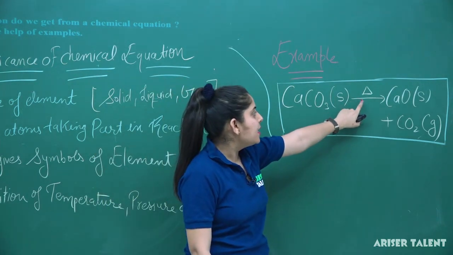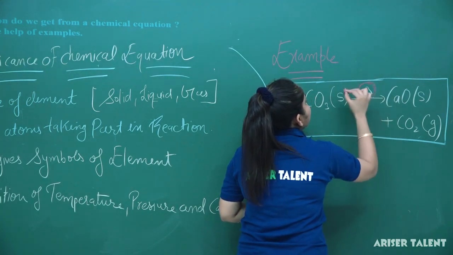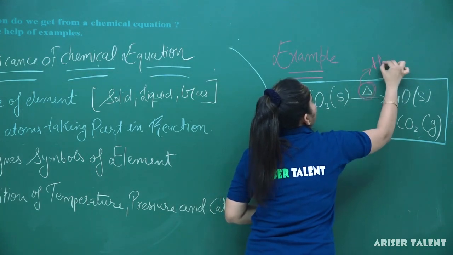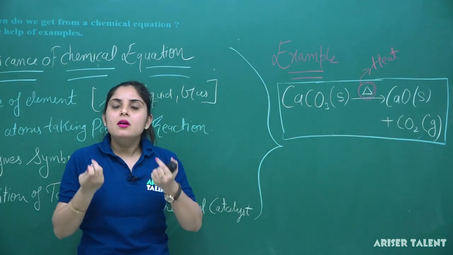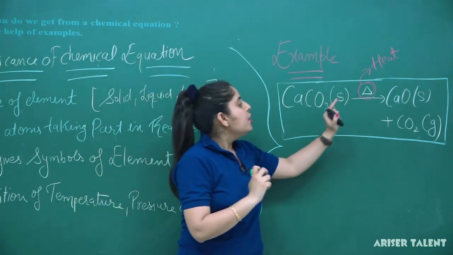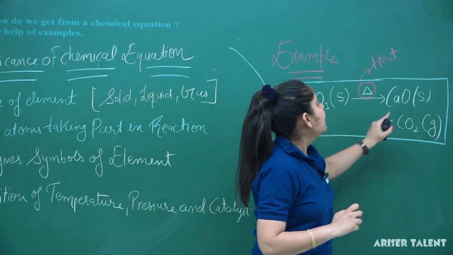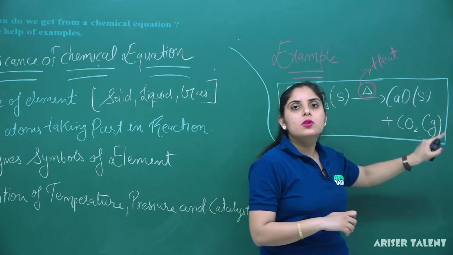Now what I have done here, I am putting delta sign over here. This delta sign indicates that the reactant is heated and the reaction will be the decomposition reaction, that is, it is thermal decomposition. Now what I am getting in the product side, that is CaO plus CO2. CaO is again solid and CO2 is the gas.